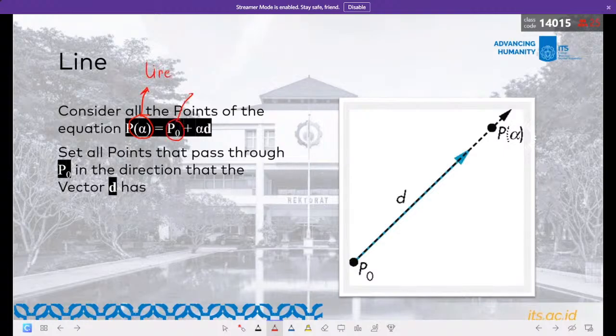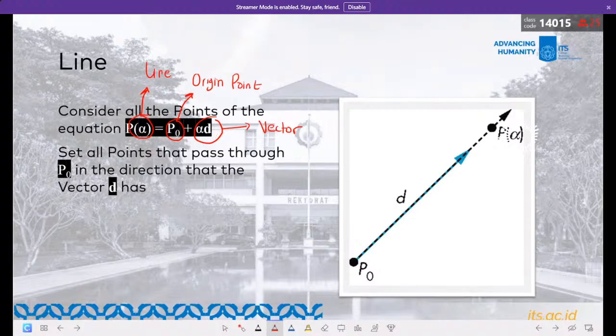This one is representing the origin, and it's basically the origin point, and this represents some vector, right? D is a vector, and alpha is some number, because basically a vector is a motion. It represents some motion.